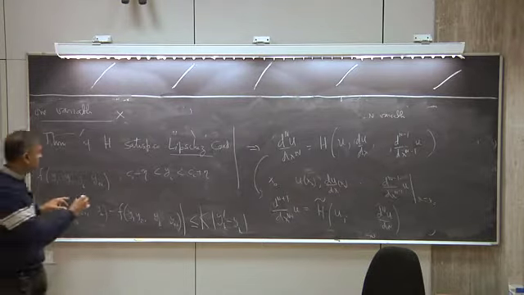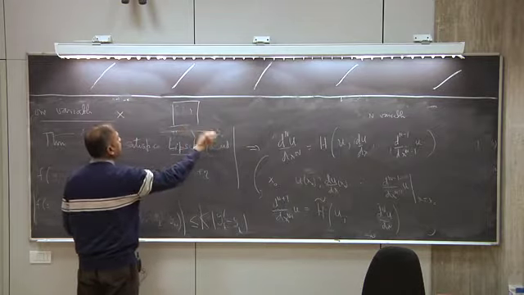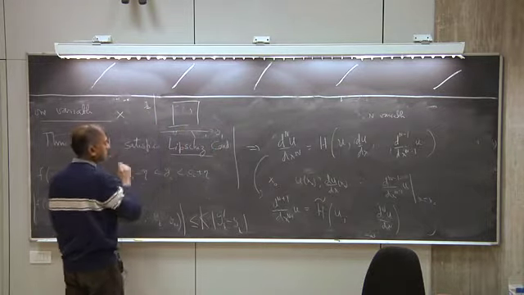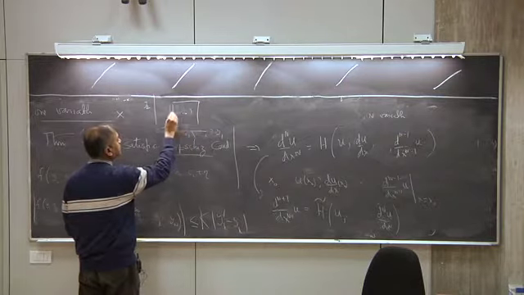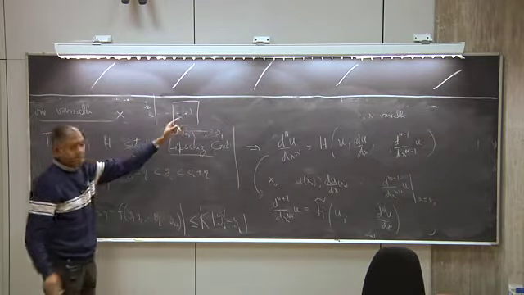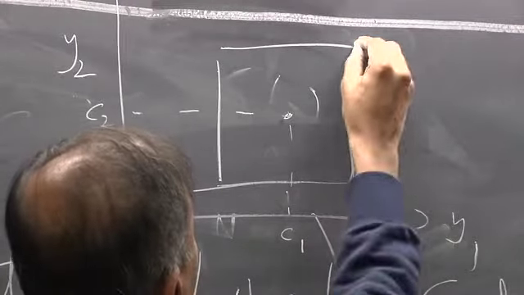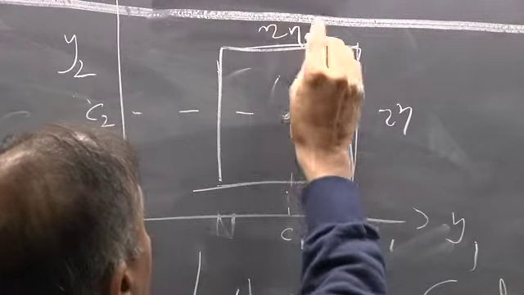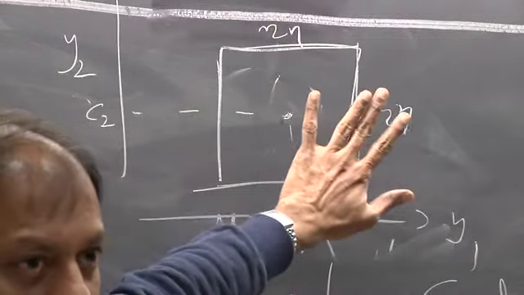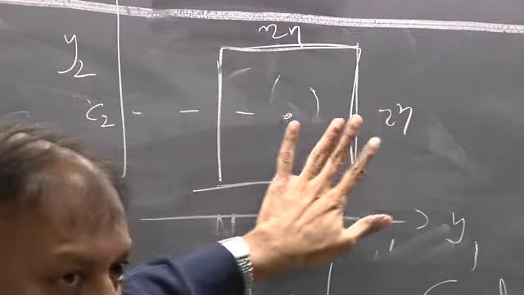This is the y1 direction, that's the y2 direction, and this point is c1, c2, and you are looking at a square of side 2 eta. So this is my box, and I am allowing y1 and y2 to move inside this region.